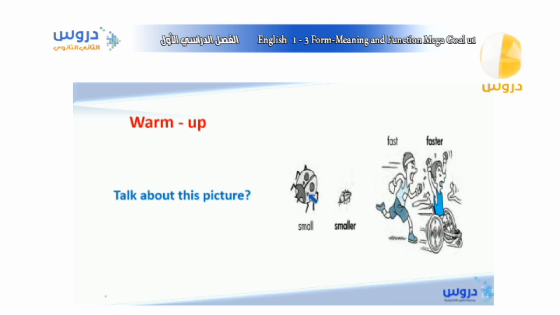The beetle is small. And the ant, I think it is an ant, is smaller than the beetle. This is small, but this insect is smaller. Now these two boys. This boy is very fast. He is fast. But the other one in the wheelchair is faster. He's faster.